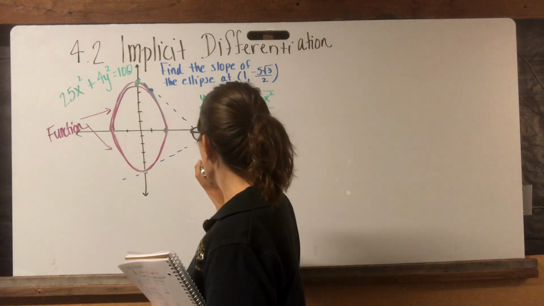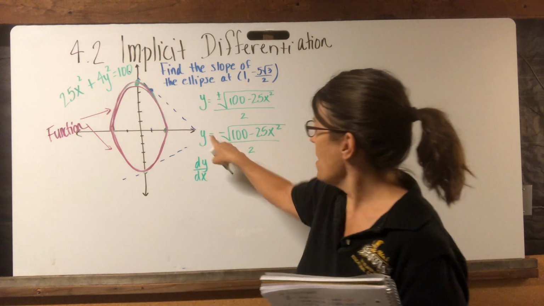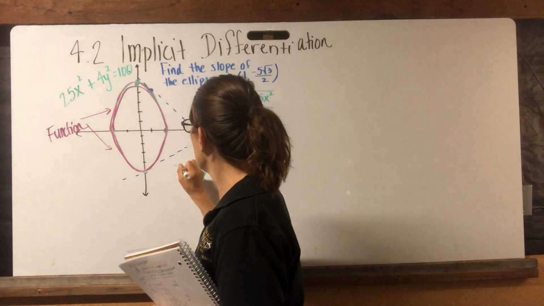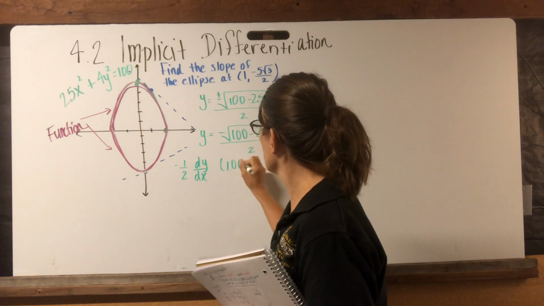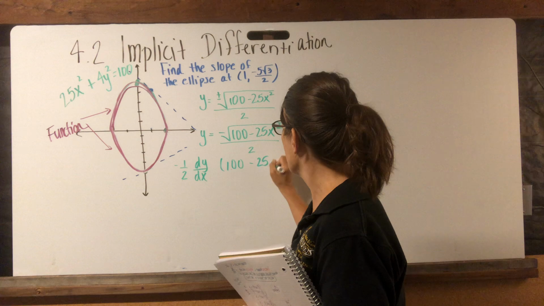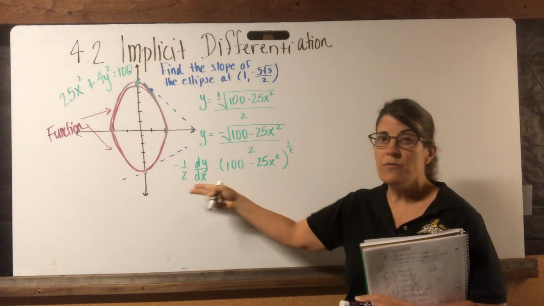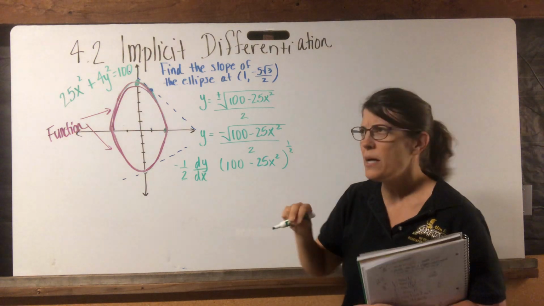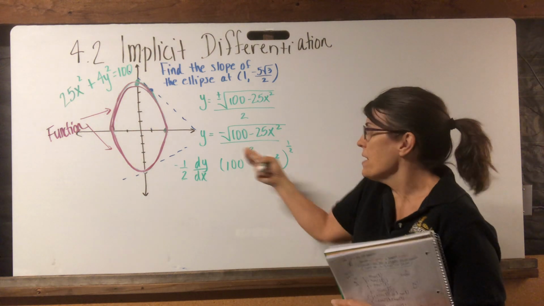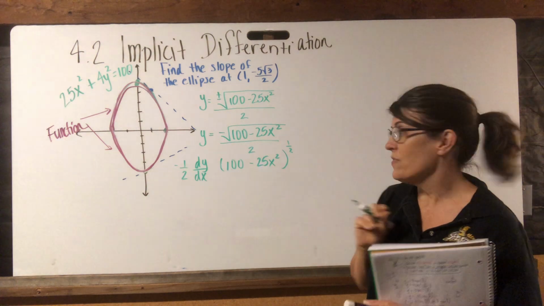Okay, so dy/dx, factor out the negative 1/2 of, and I'm going to write this as 100 minus 25x squared to the half. You can factor out the negative 1/2. It's the constant rule of differentiation, I think. I'm not sure exactly what it's called, but the negative 1/2 is a constant, so I factored it out. And now I'm going to find the derivative from here.